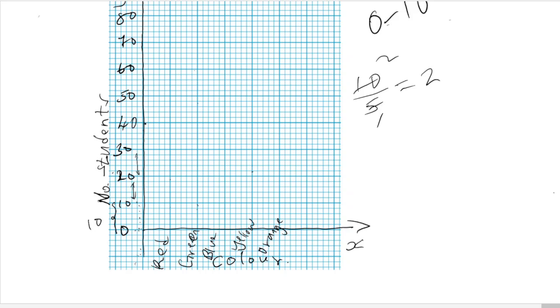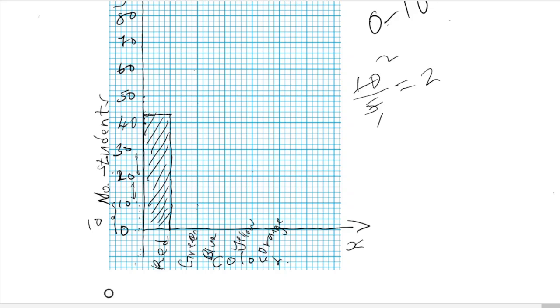If you need to draw 43, you come to where 40 is, then count. One small box contains 2 students, so it will be 40, 42, 44, 46, 48, 50. If we need 43, it will be between 42 and 44. That is our first bar.